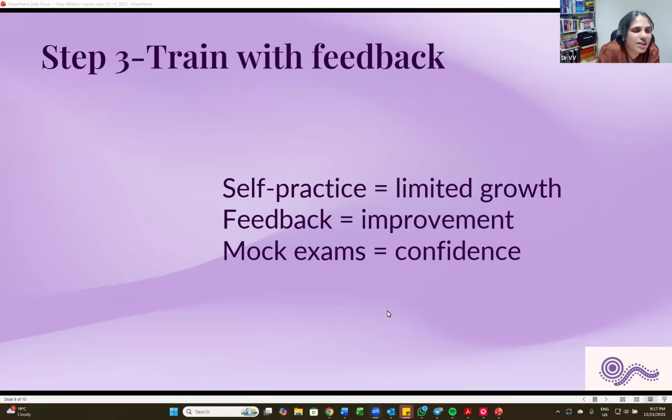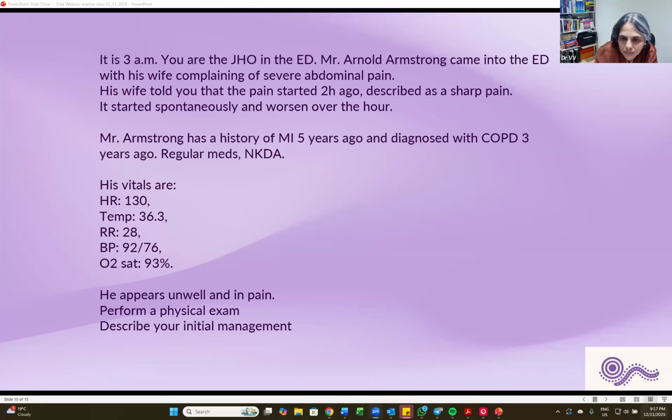So I have a case. Would anyone like to do the case with me? I can do it. If you do, okay, go ahead. All right, so the case is here. Let's go. I can put the timer up. Ready when you are.